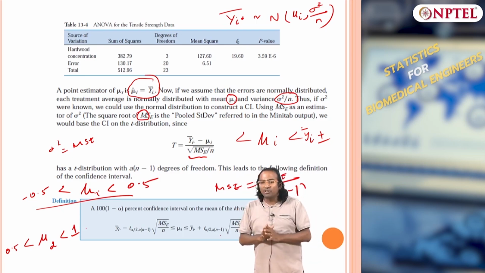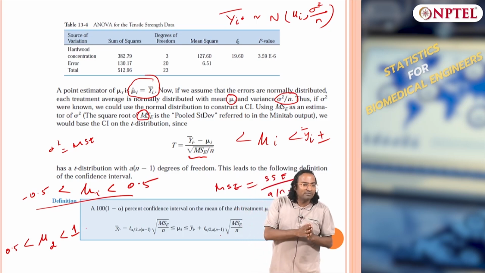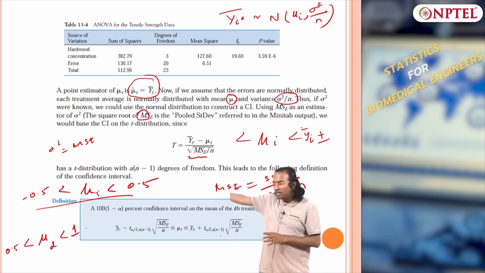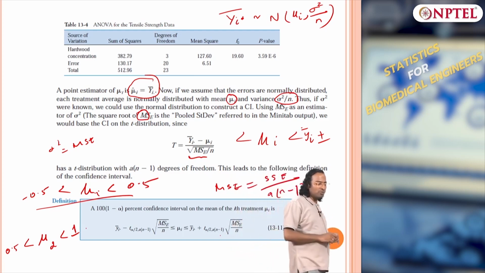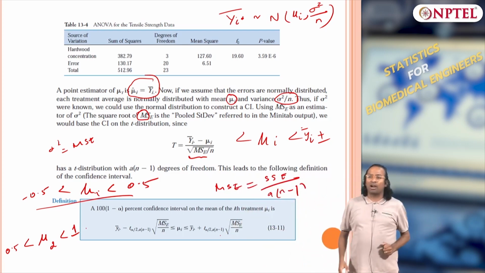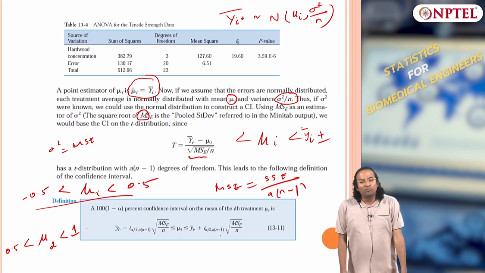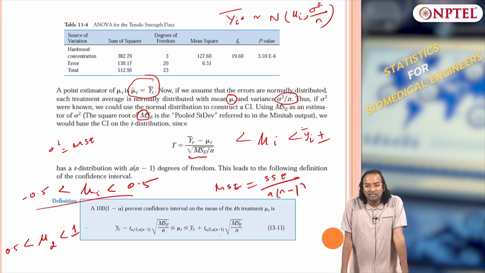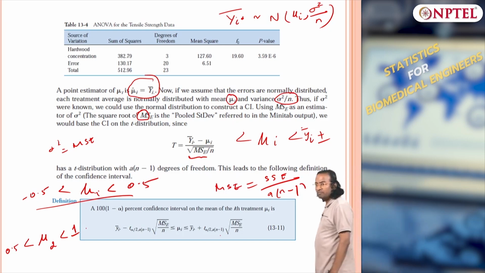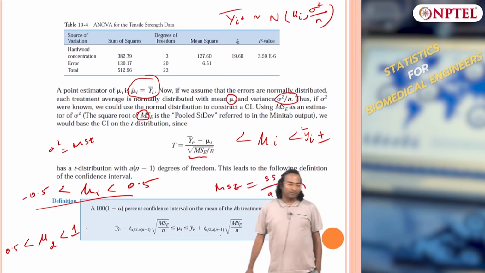If it encloses 0, that means the parameter is statistically 0 and not useful. So mu 1 is 0 here statistically, whereas mu 2 is not 0. So just by constructing the confidence interval, you can know which one is 0 and which one is important, which treatment is important and which treatment is not important. Make sense? Clear?